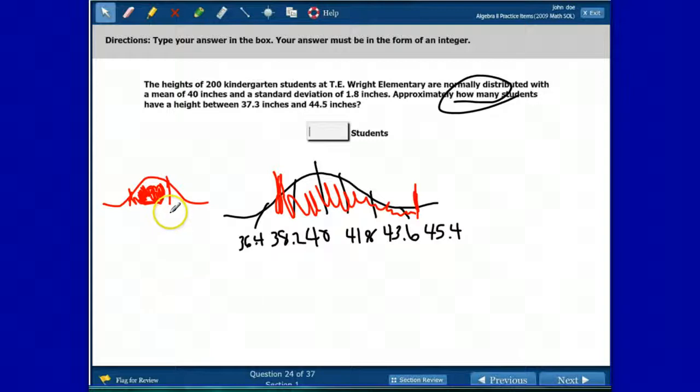So I'm going to find the z-score at 44.5, and I'm going to take away from it the z-score of 37.3. So I'm finding z-scores using these numbers.